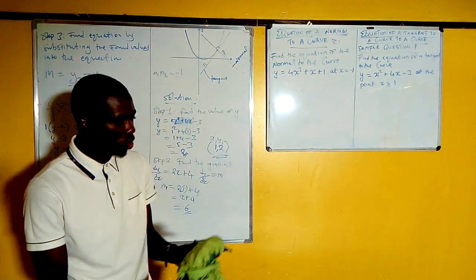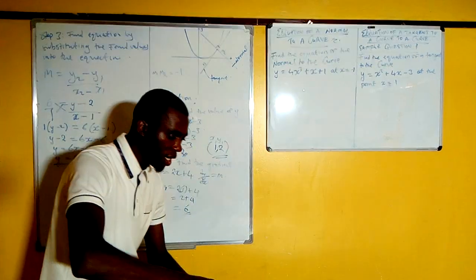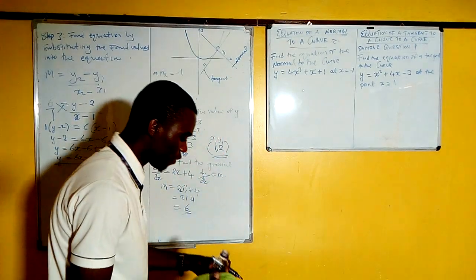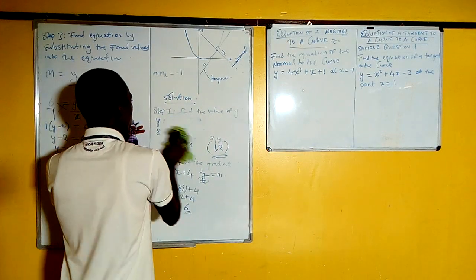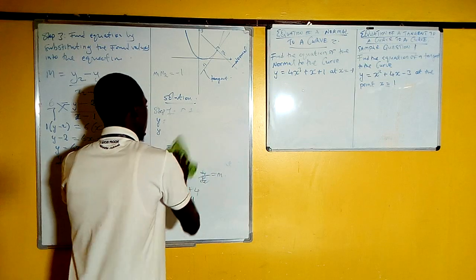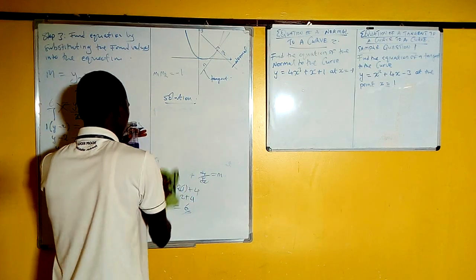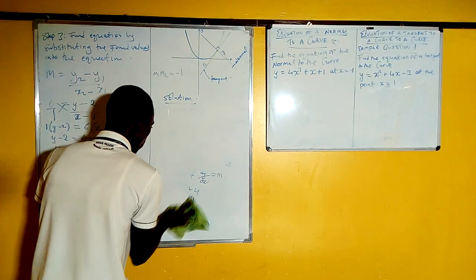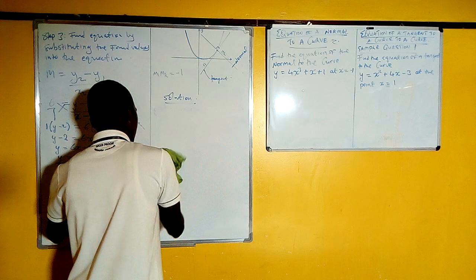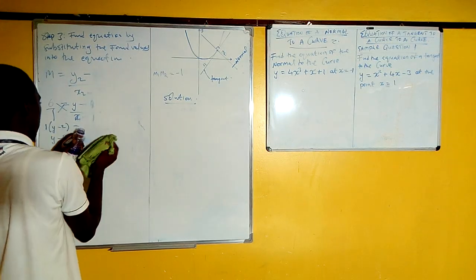Okay, so as we are still doing this one, let's also look at the steps for determining the equation of the normal. So determining the equation of the normal also follows almost the same steps, except that this one has been simplified into 4 steps so that you can easily master them and apply them appropriately.